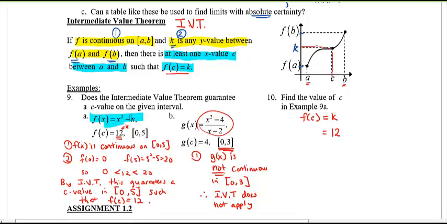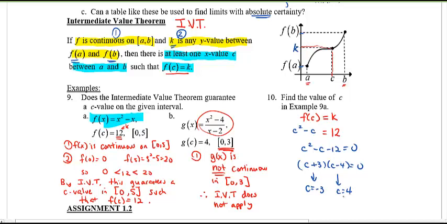Here's the function f of x. So let's replace it with c, so it becomes c squared minus c. I'm going to move all the terms to one side now. c squared minus c minus 12 equals 0. Then you can factor: c plus 3, c minus 4. And then we find the answers c equals negative 3 and c equals 4.